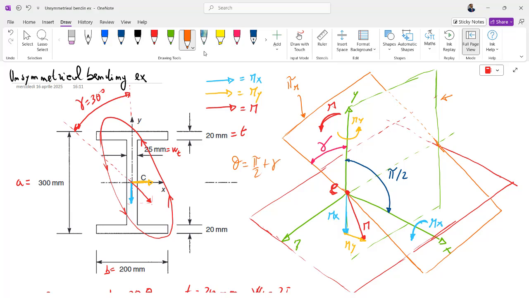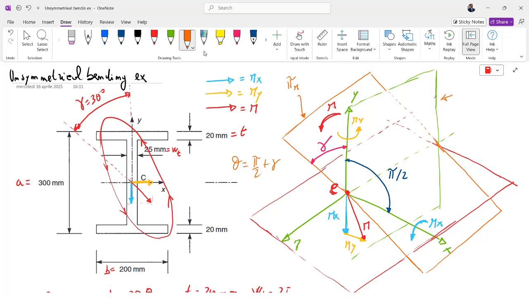So we have 90 degrees plus 30 degrees, so the total angle is 120 degrees. But we can also use the associated arcs to obtain the equation of the projected moment.